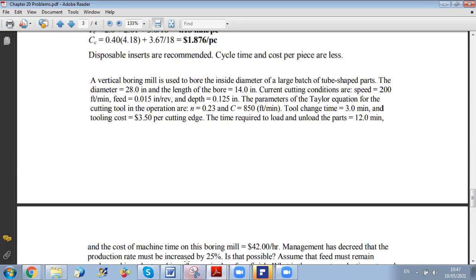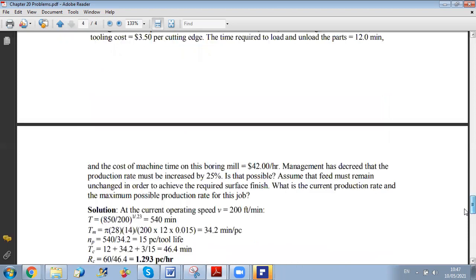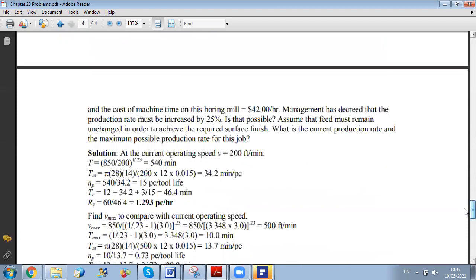We need to increase the rate by 25%. If this increase is smaller than the maximum capacity, then we can do it. If not, we can't. This is why the first step is to assess the actual production rate in order to compare it with the maximum production rate.